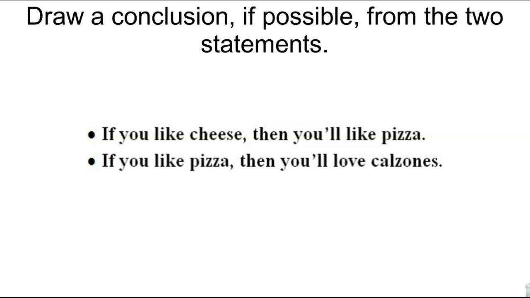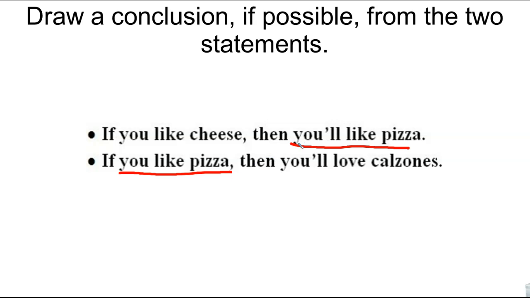Next question, draw a conclusion, if possible, from the 2 statements. And here I'm given the 2 conditionals. If you like cheese, then you'll like pizza. And if you like pizza, then you'll love calzones. Okay, I'm going to say I can chain these 2 statements together because you'll like pizza and you like pizza are the conclusion and hypothesis of 2 conditional statements.